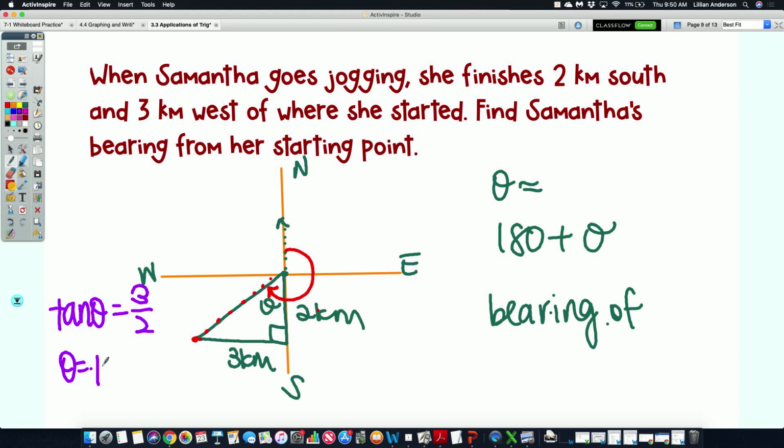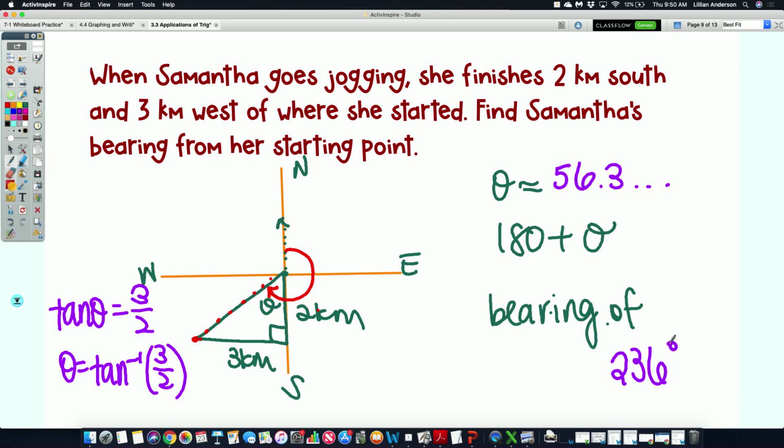So you had to do the inverse tangent of 3/2 to find theta, then add that to 180. So your bearing is 236 degrees.